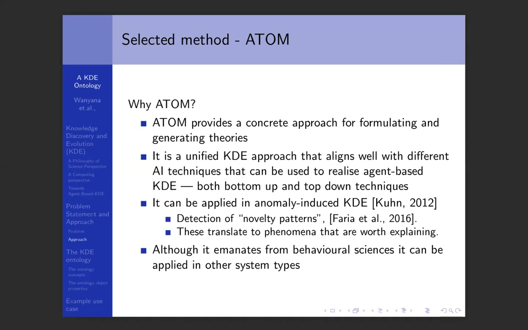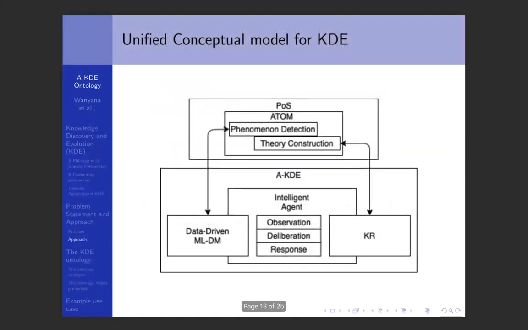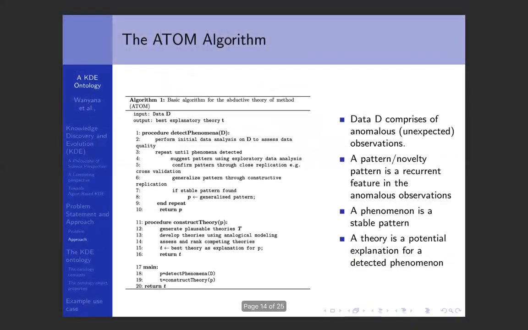Also, although it has its roots in behavioral sciences, it can be applied in other systems too. In this illustration, we show how ATOM aligns with aspects of agent-based KDE from both top-down and bottom-up techniques.